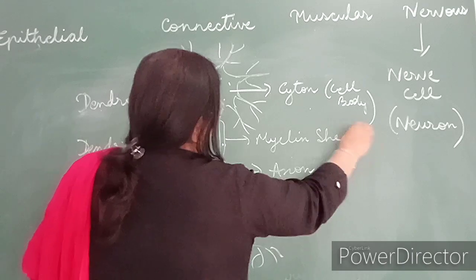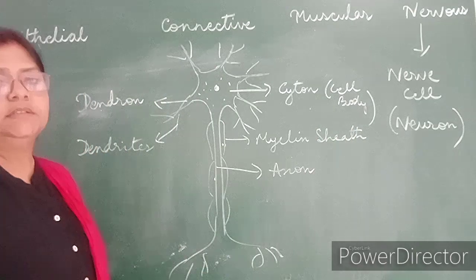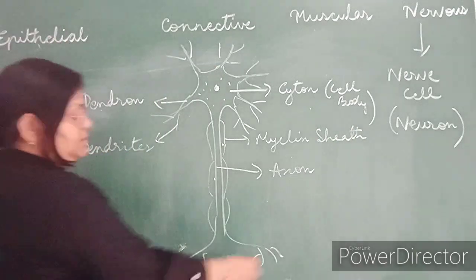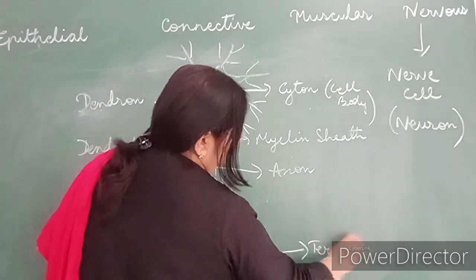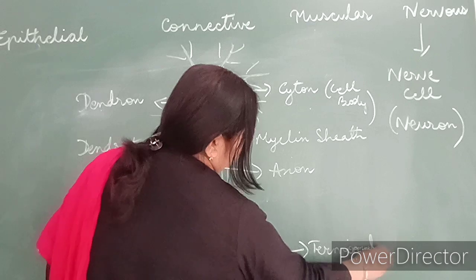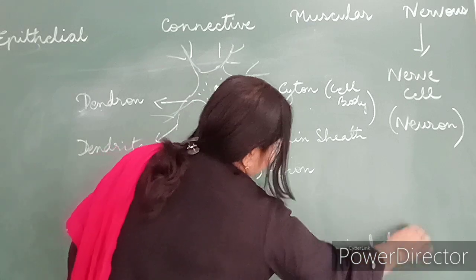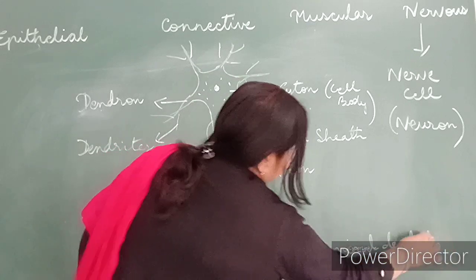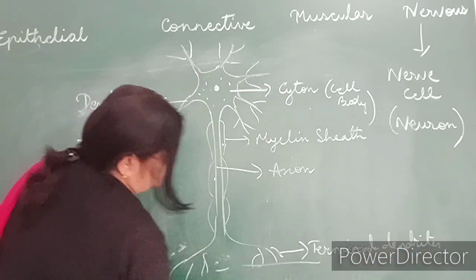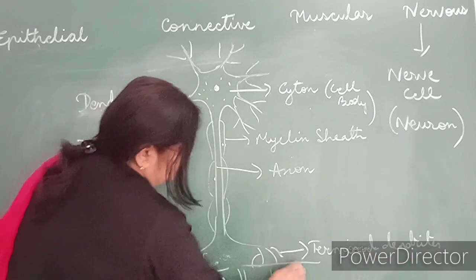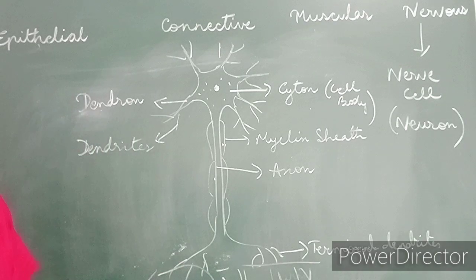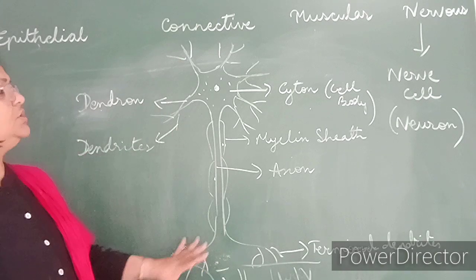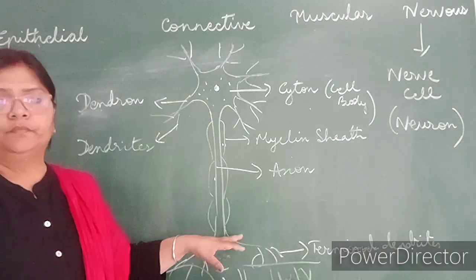I'll tell you the function. First, let us discuss the names and structure. This is the end. It ends in again dendrites, terminal dendrites. This may end in a muscle or in a gland. Okay, so this is the structure of a neuron.